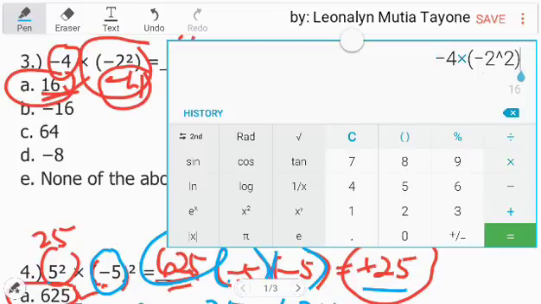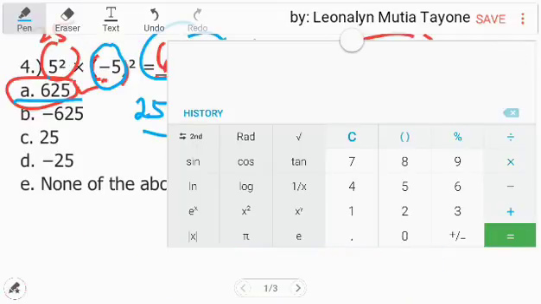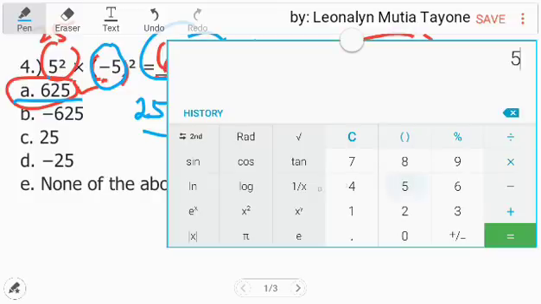Negative 4 times, all inside the parenthesis, negative 2 raised to 2. The answer here is positive 16. Correct.